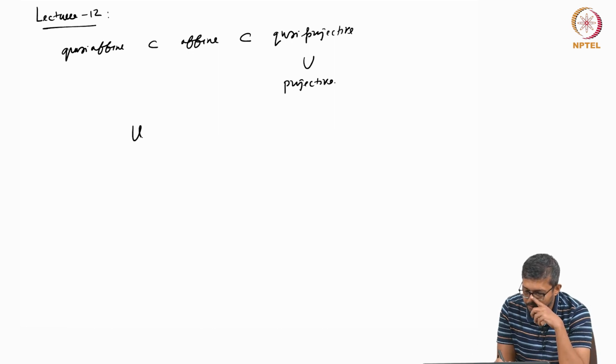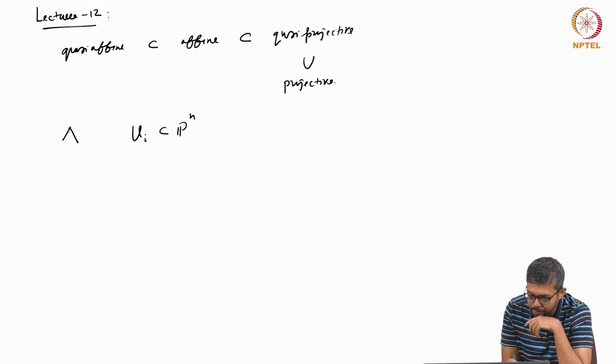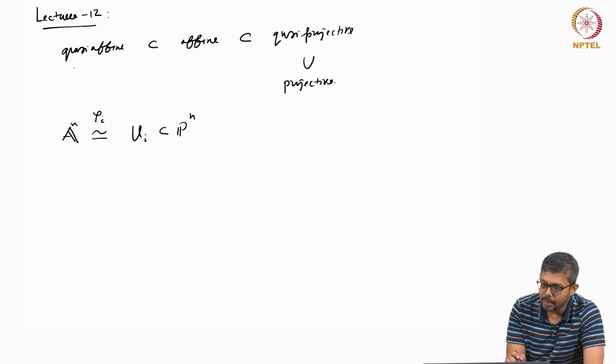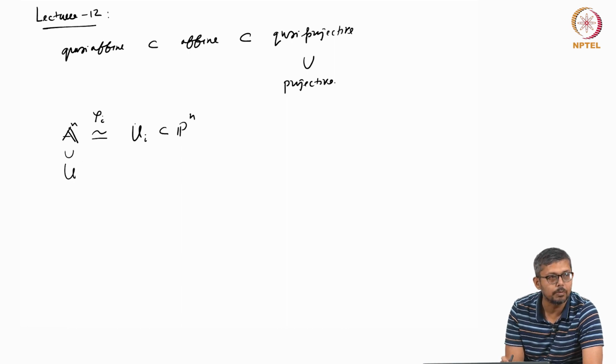Why? Because you have this U_i, which is an open subset in P^n, and you have some affine space, and you have some homeomorphism phi_i. So if I take a quasi-affine variety, that means it's some open subset U here, and this phi_i is a homeomorphism.